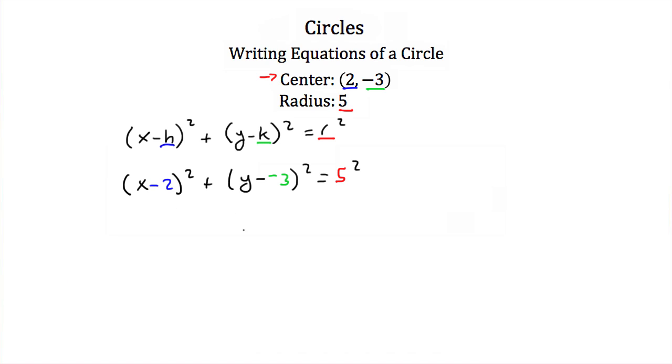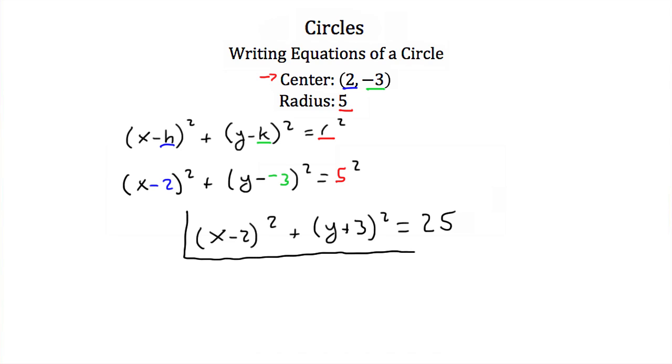If we simplify this, we have (x minus 2) squared plus (y, now minus a negative would be plus 3) squared, and that's equal to 25. So this is the equation of our circle. And all we did is take what we know about the circle and plug it into the standard form of our equation.